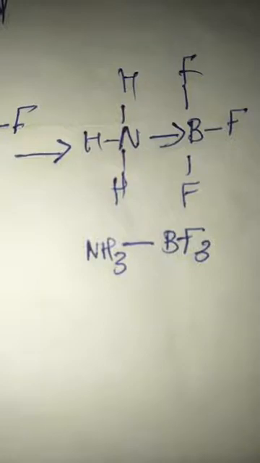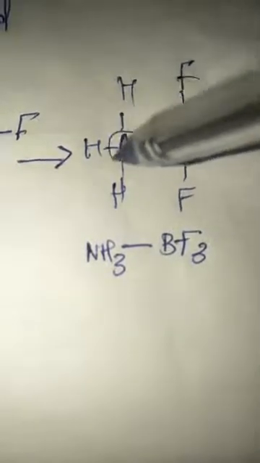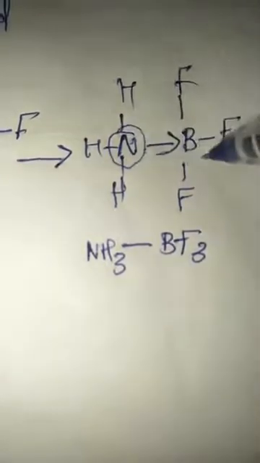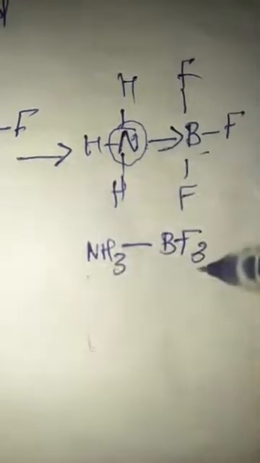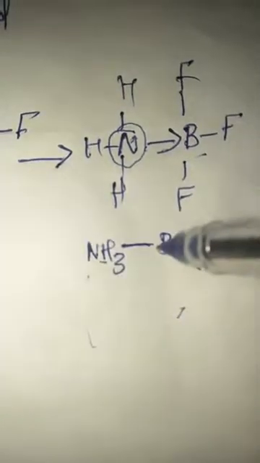For the bond formation we need two electrons, and both are donated by nitrogen to boron, and they form a compound. This is the weakest bond, since both the electrons for bond formation are donated by ammonia.